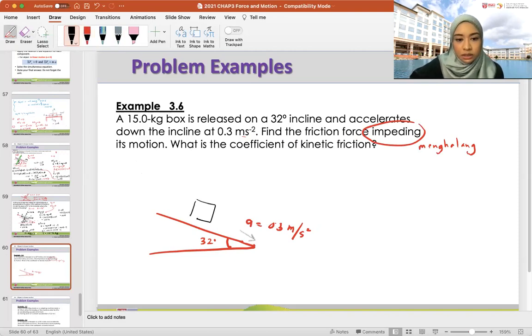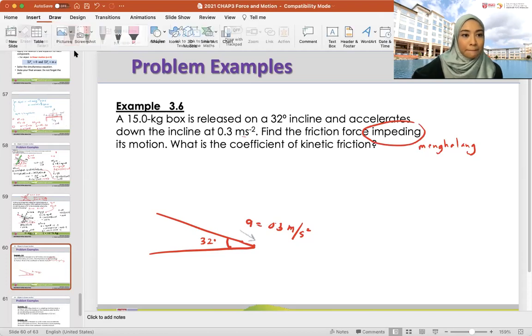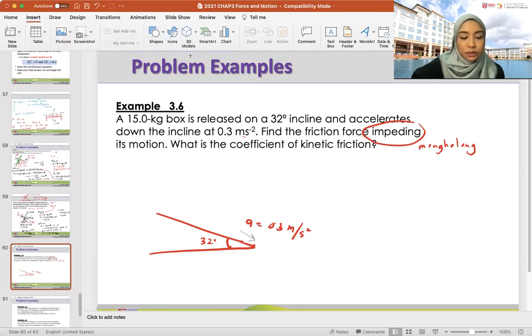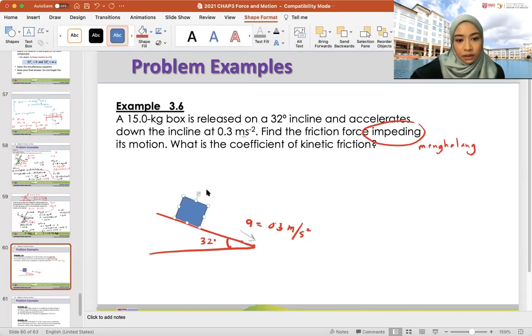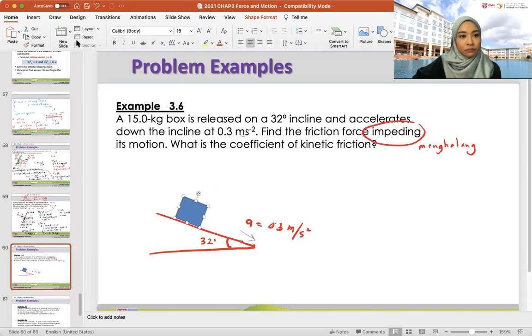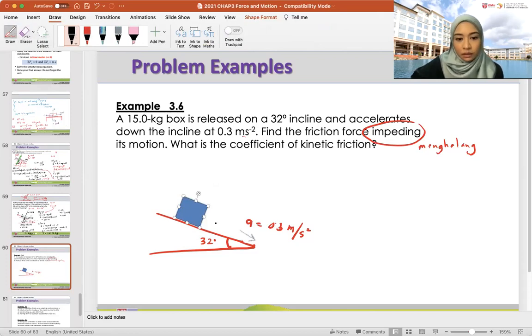So we have a box here. It's not flying, so it should be touching the incline. We have our mg as usual, mg should be downwards.